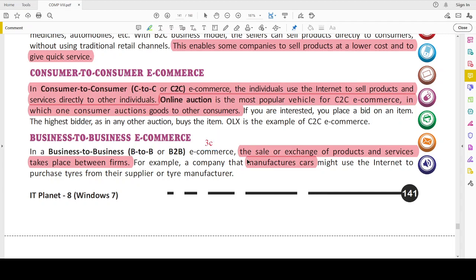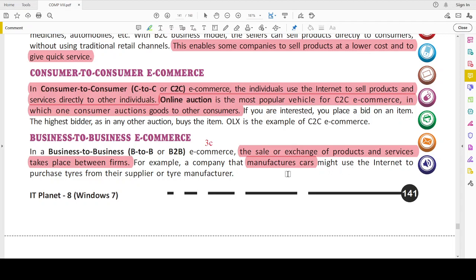It can also be between a laptop manufacturing company and a manufacturer of laptop batteries. A company that is manufacturing laptops might not be manufacturing the batteries also.